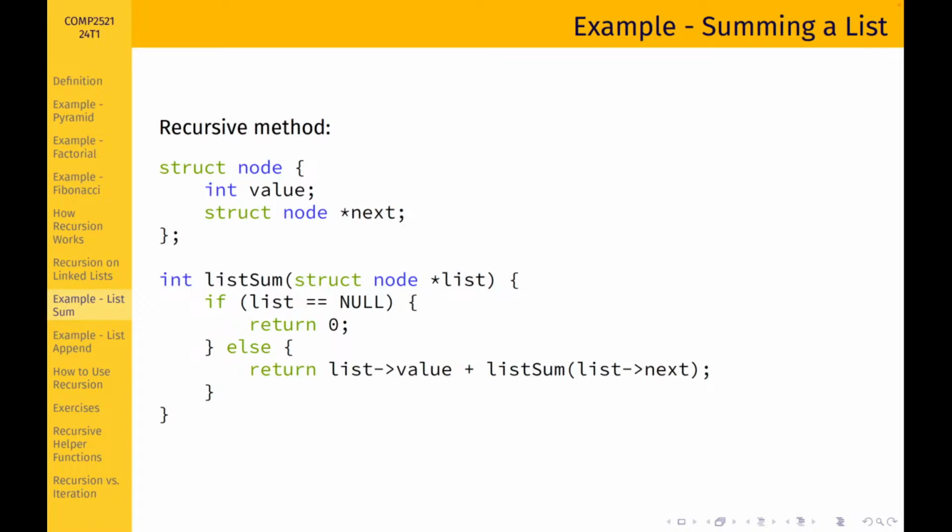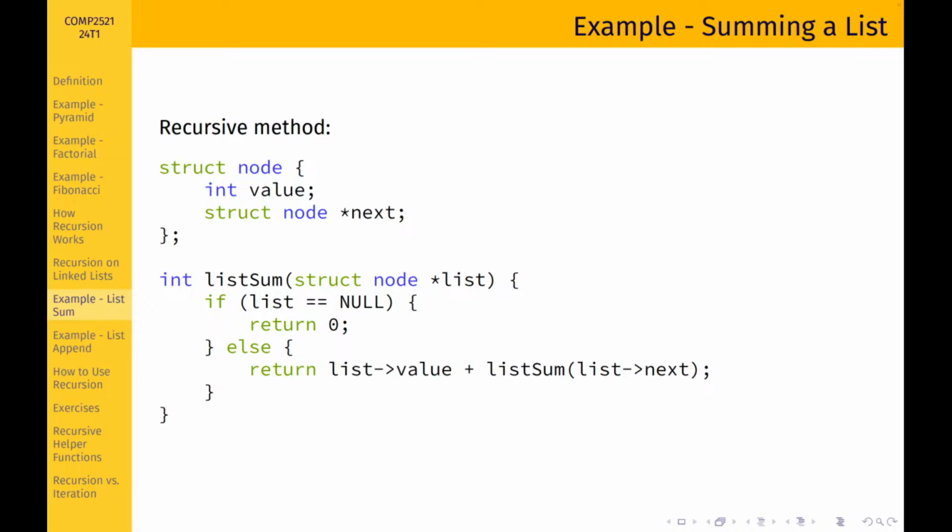All right, so here is how we would implement summing a list. Here is our node struct for a linked list. Each node contains a value and a pointer to the next node. And then here's our list sum function. Our base case is where the list is empty, and in this case we return 0.